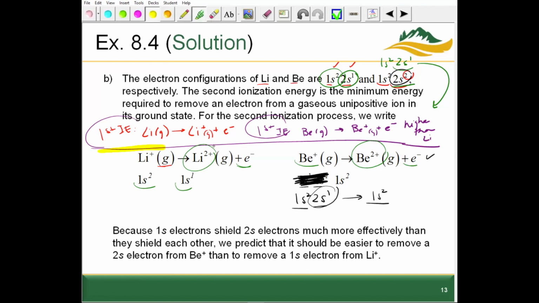So just focusing on the second ionization energies, lithium goes from 1s2 to 1s1. Beryllium goes from 1s2, 2s1 to just 1s2.